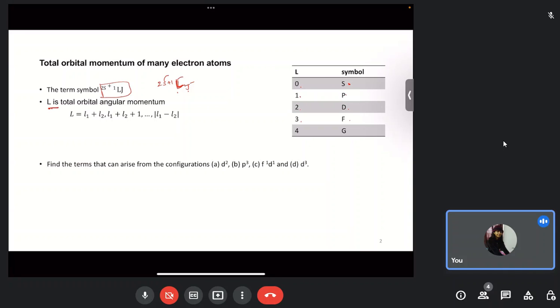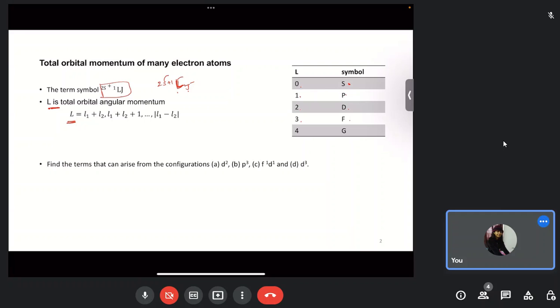L corresponds to the total orbital angular momentum. In case we have more than one electron present in the atom that we are looking at, then we have to calculate the L value. The L value is defined as L1 plus L2 down to the absolute value of L1 minus L2. It depends upon which orbitals your electrons occupy.